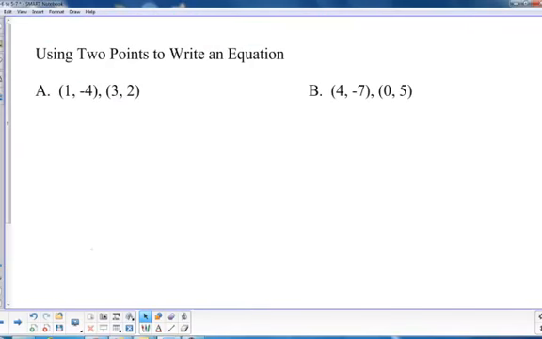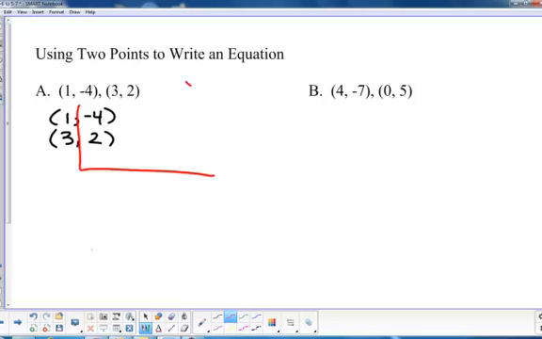If you have 2 points, you need to solve for the slope. Now, I kind of like to write my points vertically. And then slope, remember that y2 minus y1 over x2 minus x1. So my little thing here is actually making this my x1 and this my x2, y2.